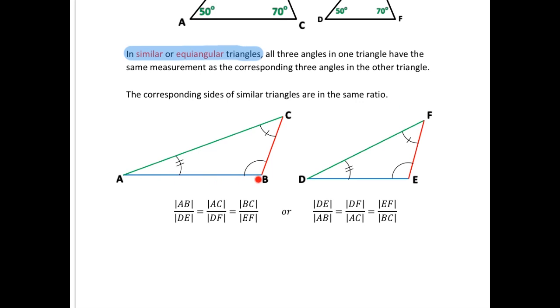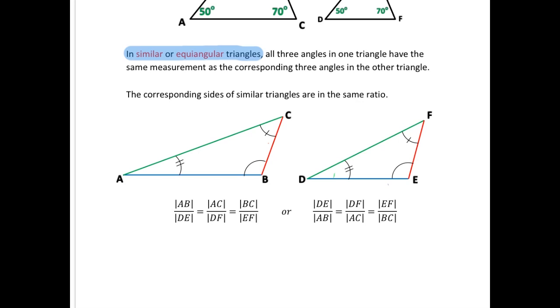So if we have two triangles, ABC and DEF, and we have that their corresponding angles are equal, so in my case here, my angle at C is the same as my angle at F, my angle at B is the same as my angle at E, and my angle at A is the same as my angle at D. Once I have similar triangles, then the lengths of the sides of the triangles will be in ratio.